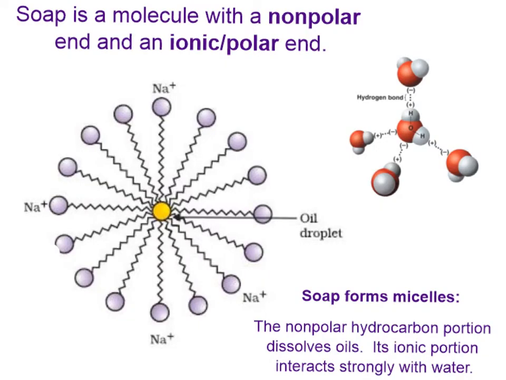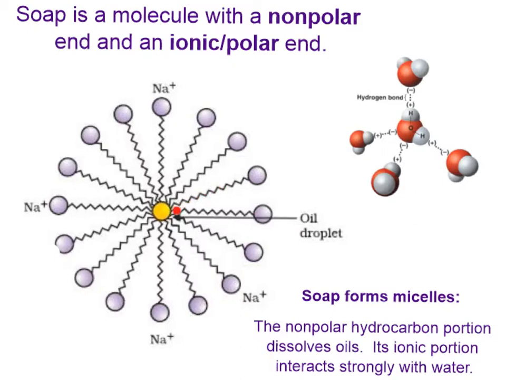An example of a molecule that has a nonpolar end and a polar end would be soap. And soap forms micelles in water. Here is an example of a micelle where the head that is polar is facing out because it's interacting with the water out here.